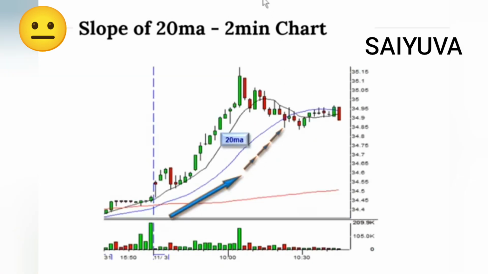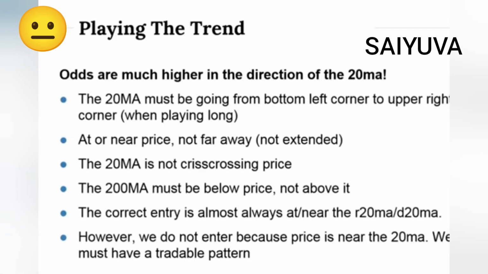Then shortly after getting in, it would go back up and I'm underwater. I would get out of it, it falls again, and I would re-short right here, right under the low of the day. And shortly after getting in, it would go back up. At the end of the day, I'd look at the chart and say, how in the world did I lose money? It broke under support.